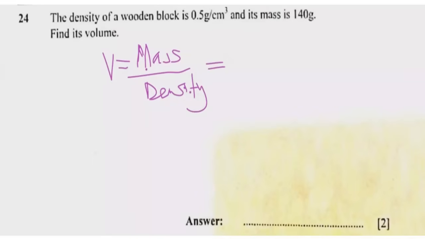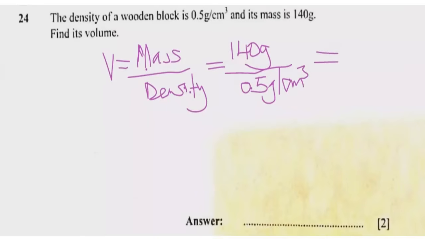Which is equal to, so what is mass? We are given mass to be 140 grams and density to be 0.5 grams per centimeter cubed. So what we need to do now is divide.